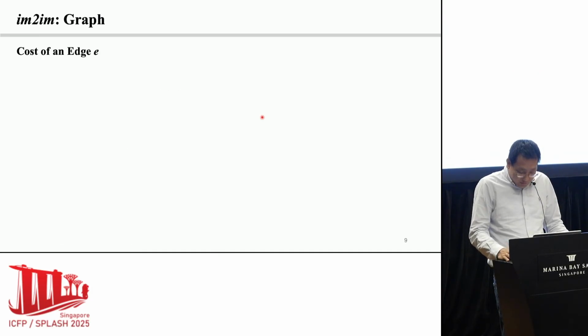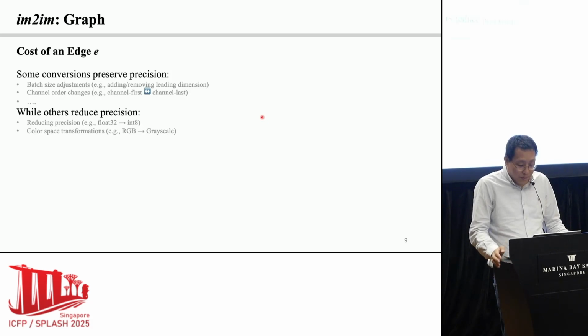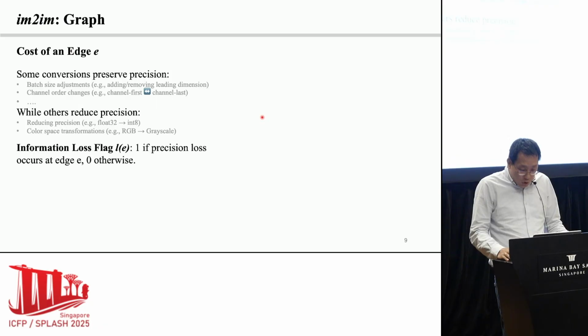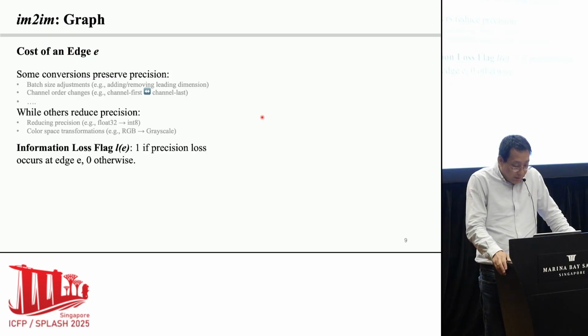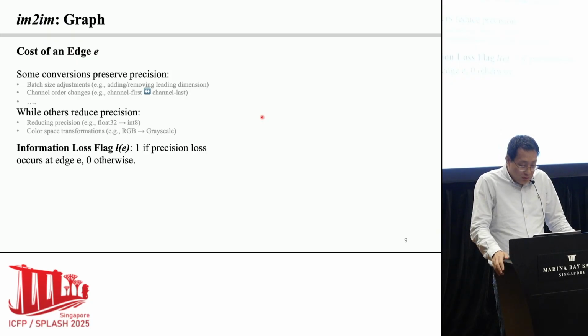However, some conversions like adjusting batch size or reordering channels preserve precision. Others, like converting from float32 to integer 8 or from RGB to grayscale, introduce information loss. To capture this difference, we define an information loss flag. It's set to 1 if information loss occurs and 0 otherwise.